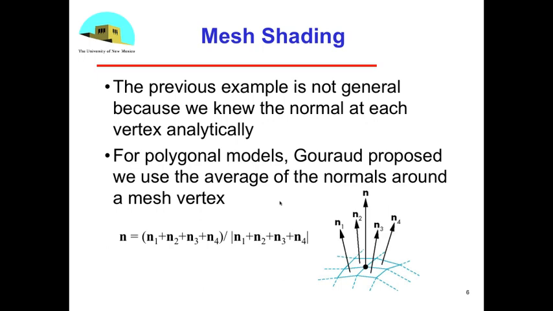So if I have a model, the problem is I have to get this information analytically, because if I'm working a polygon at a time or a triangle at a time, the pipeline doesn't know anything about these other normals, so it can't do this. So this has to be done within the application.